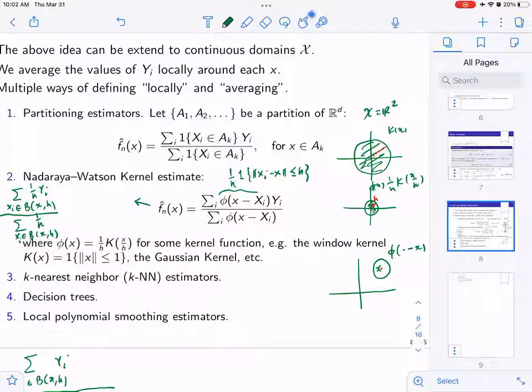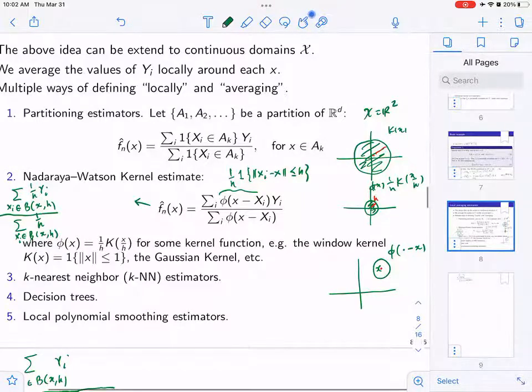So you basically average everything, but the responses away from your point x weigh less. Sounds good. So that's a particular class of estimators.